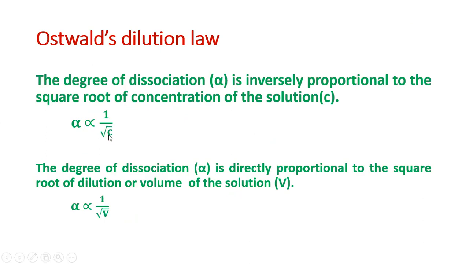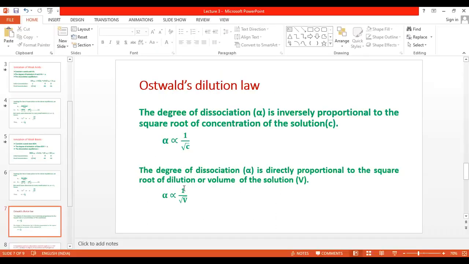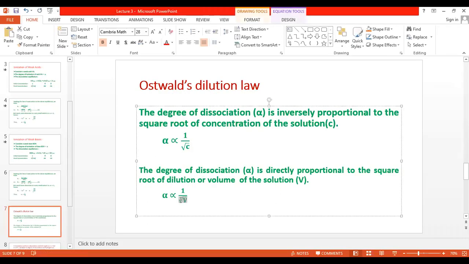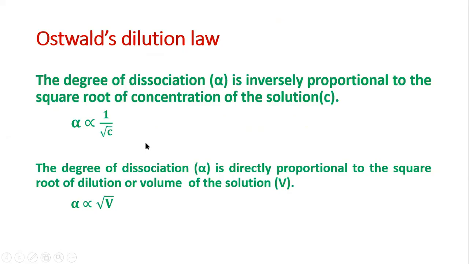Now concentration is nothing but the reciprocal of the volume, and hence we can write here that the degree of dissociation is directly proportional to the square root of dilution, or the square root of volume of the solution.